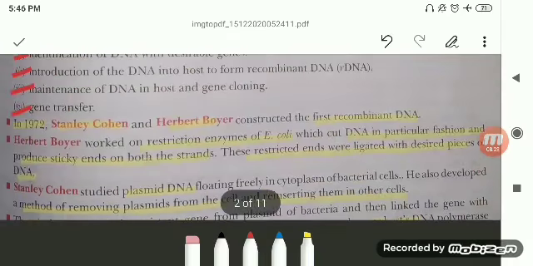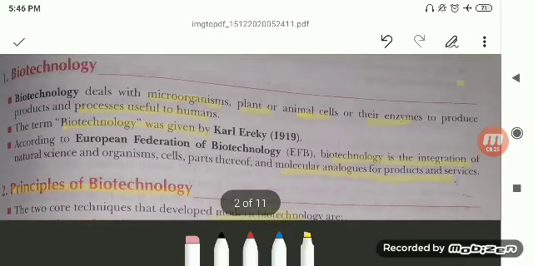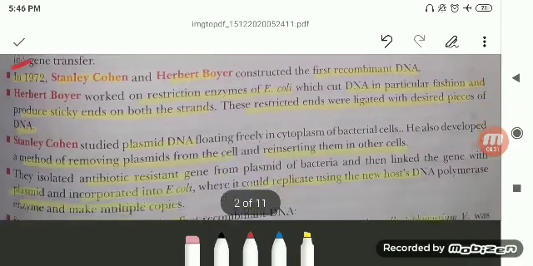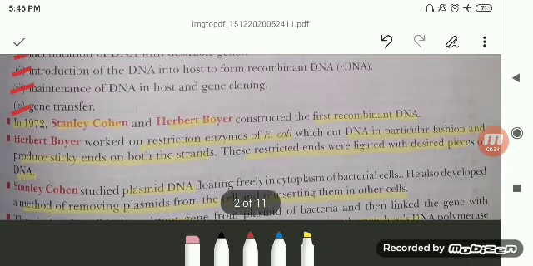the definitions of biotechnology, old biotechnology and modern biotechnology, the principles and the steps we use, and who constructed the first recombinant DNA, Cohen and Boyer, who took Salmonella typhi as their experimental material.